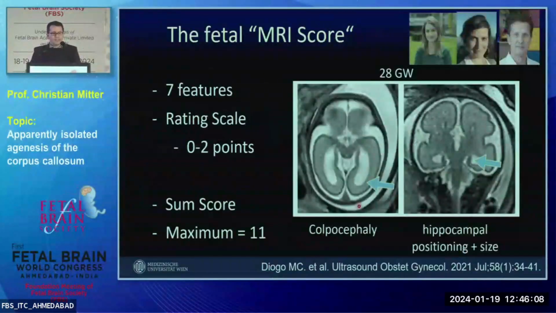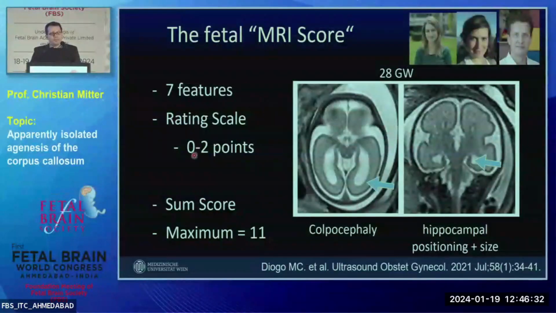So that's the fetal MRI score. It scores 7 features in the fetal brain, which capture subtle abnormalities in the isolated callosal agenesis brain, which would not in themselves be viewed as an associated malformation, but are still subtle variations from the norm.